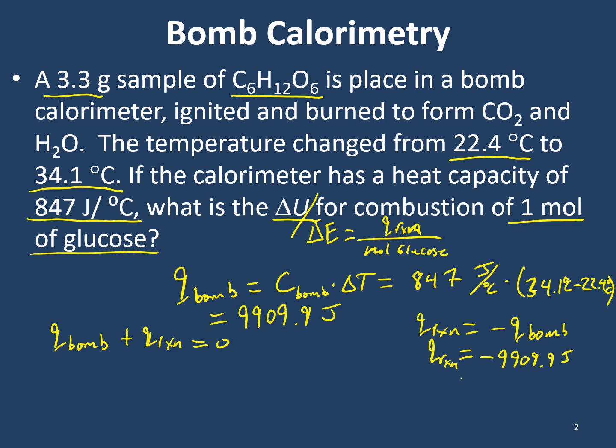Next, we need to get moles of glucose. Well, we can do that pretty easily. We have 3.3 grams of glucose, which is C6H12O6, and we can use the molar mass to get moles.